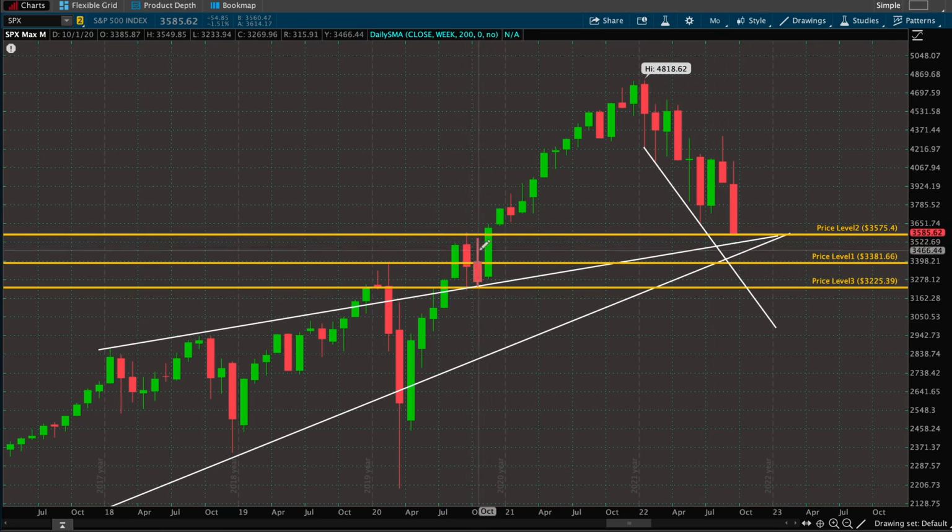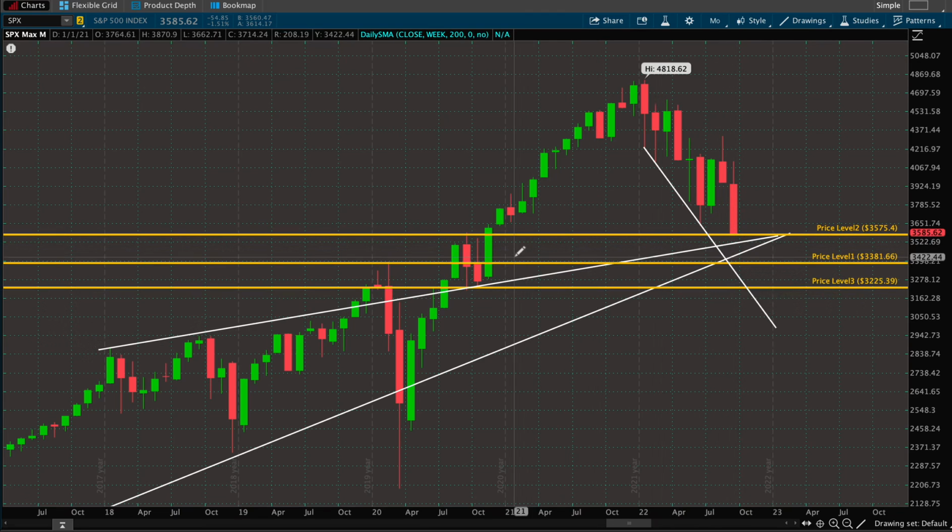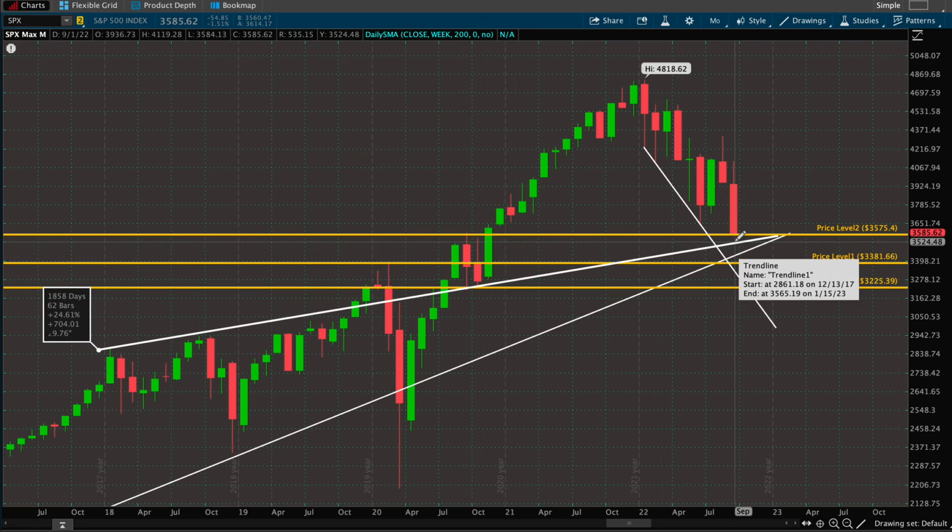Definitely a good area for support, which we're almost at. And I like multiple convergence. So two topping tails, and this trend line is coming here. So somewhere here we can see a merge, close to this topping tail here, and we'll look into some other factors also.